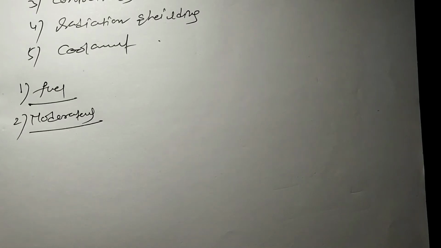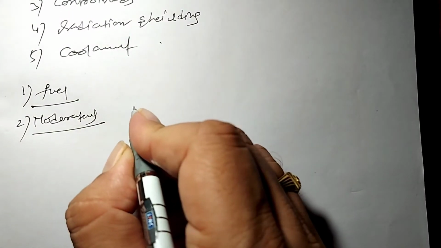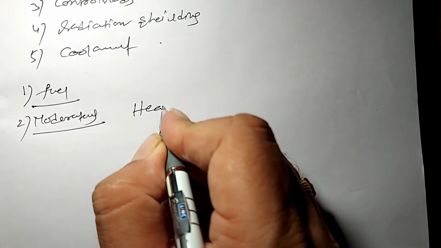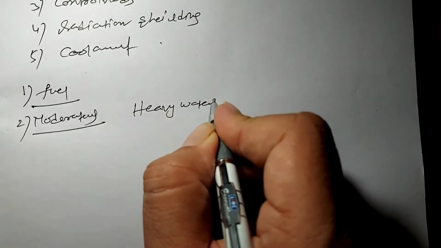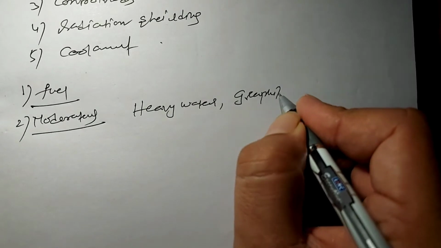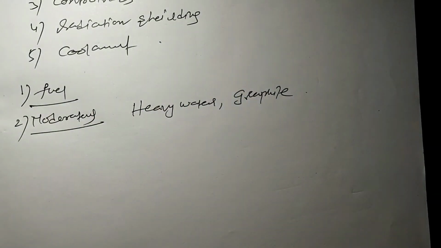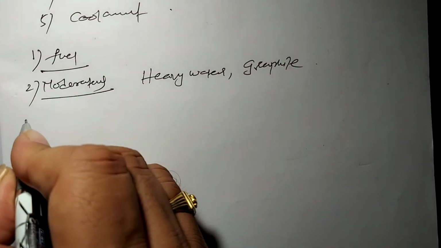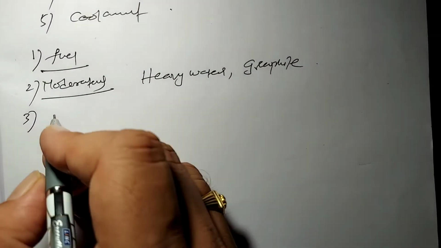For example, heavy water and graphite. These are the examples of moderators. So you write only those points in moderators.